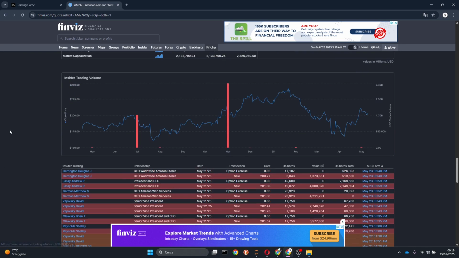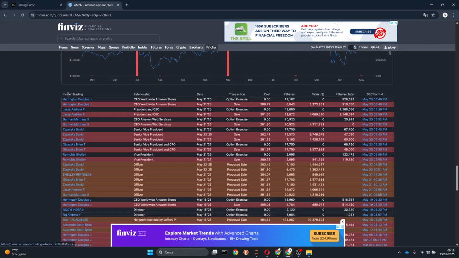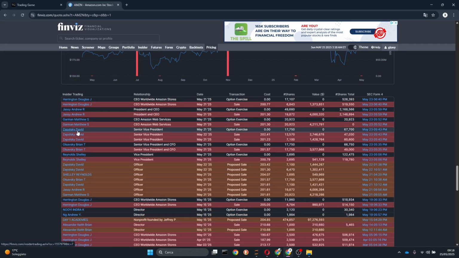Here we are. Insider trading. These are insiders, so company employees, and you have transactions, transaction date, and the role of every single person.